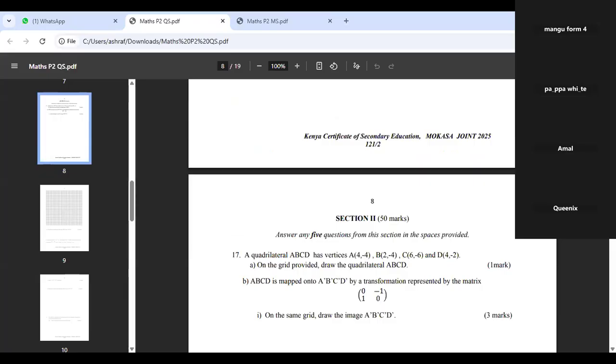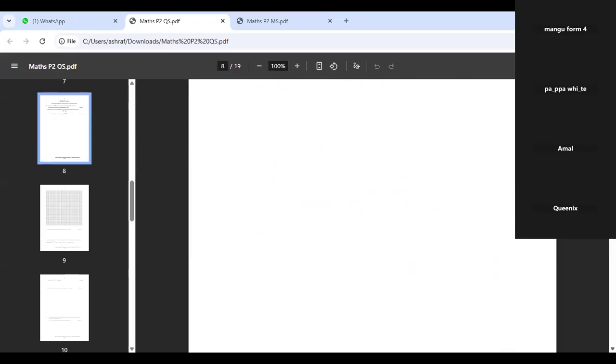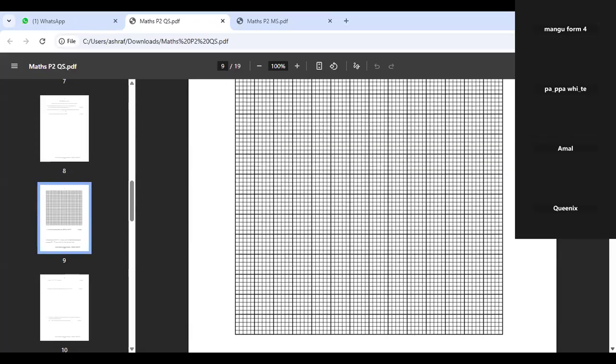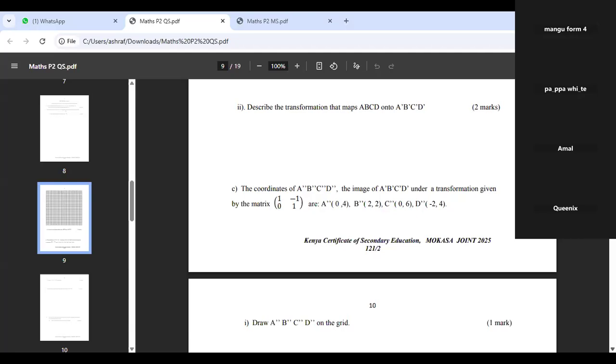We were also given that matrix. The matrix was 1, -1, 0, 1. So if you're given the two matrices, if you want to get one matrix that transformed the object directly onto the second image, you just multiply the matrices, but you start with the last one. So you're going to arrange it starting from the last one, 1, -1, 0, 1, and then the first one, 0, -1, 1, 0.